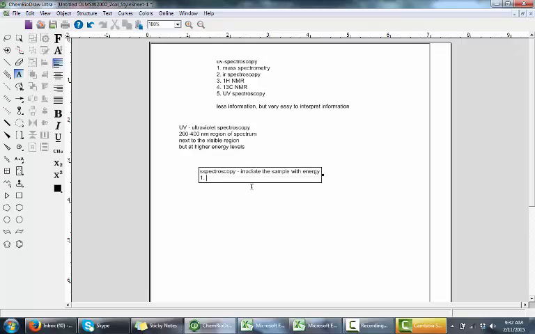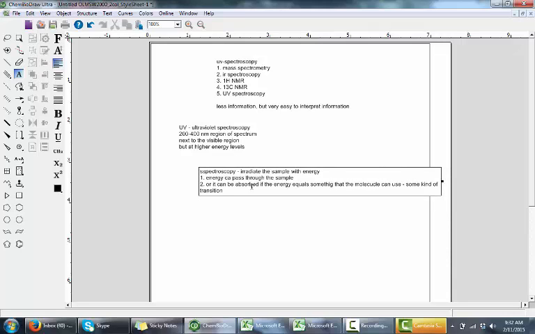The energy can either pass through the sample, or it can be absorbed if the energy equals something that the molecule can use, some kind of transition, for example. Okay, and in particular, the energy in the ultraviolet region that we're talking about here is enough energy to promote an electron from a low energy state to a higher energy state.